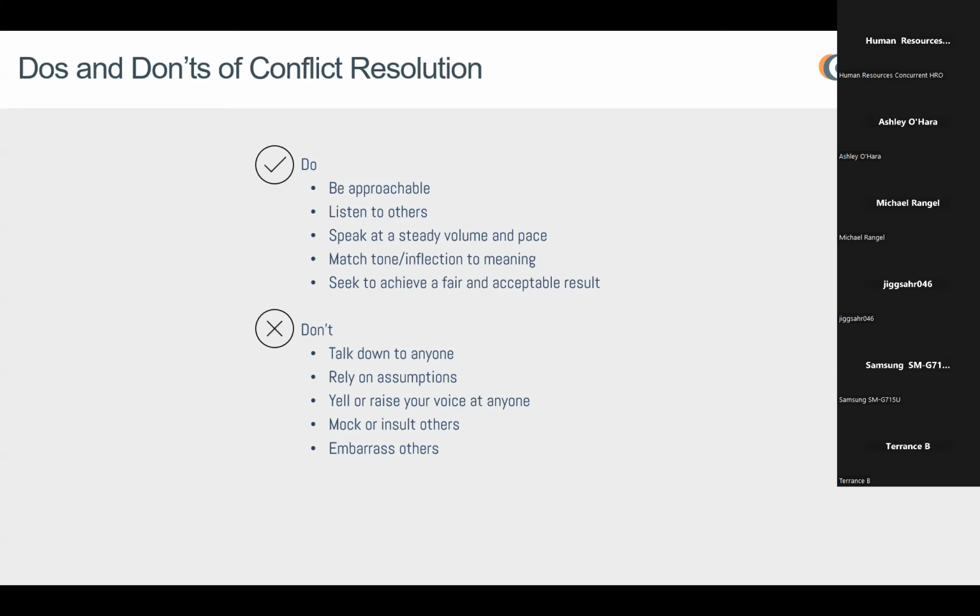Don't mock or insult others, and don't embarrass others. This is something I see quite a bit: taking the time in a meeting to try and create a win, to show power. If it is a serious conversation piece, then I would absolutely say that needs to be done alone, outside of the public arena.